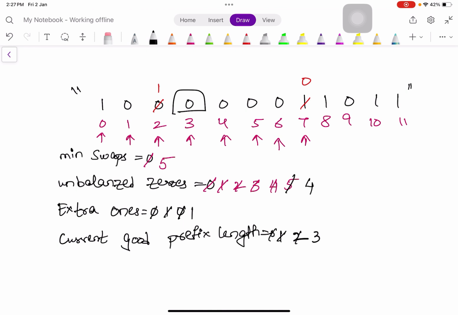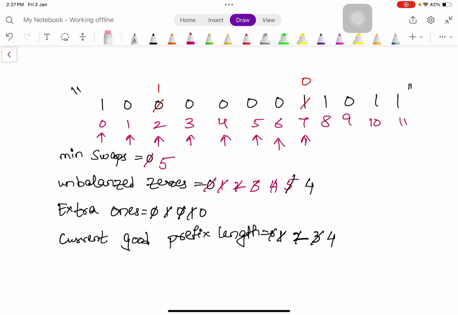And because this unbalanced 0 was balanced, extra ones are reduced. We do not have an extra 1 right now. Why? Because it has balanced this 0 right over here at index 3. Okay. And because of this balancing, the current good prefix length has also been increased. It's been increased to 4 right now.